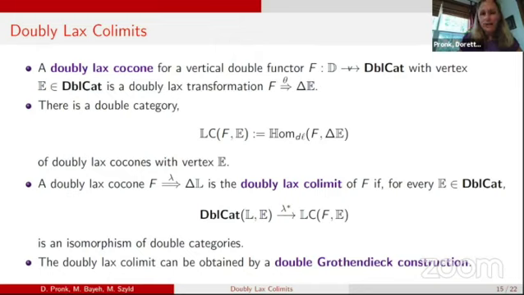We see that this map has a double category as domain and codomain, and we will ask for that to be an isomorphism of double categories. And the nice result that we are excited about is that a doubly lax colimit can be obtained by a double Grothendieck construction. So that's the next slide.